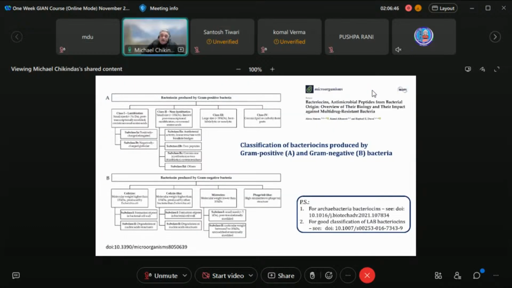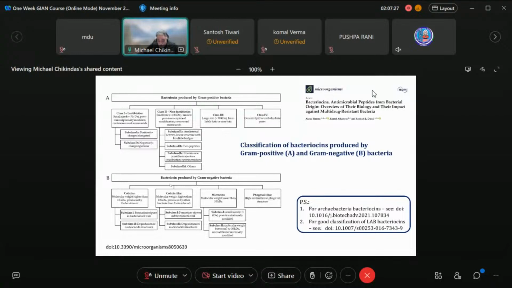Bacteriocins are classified based on a variety of approaches, and there are different classifications for gram-positive and gram-negative microorganism-derived bacteriocins. For gram-positive, one, two, three, four classes, and you can see antibiotics, non-antibiotics, so basically containing unusually modified residues, the class 3 larger size, and even those that contain a lipid or carbohydrate structure.